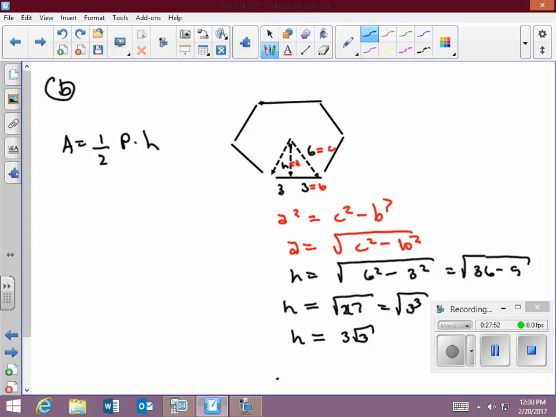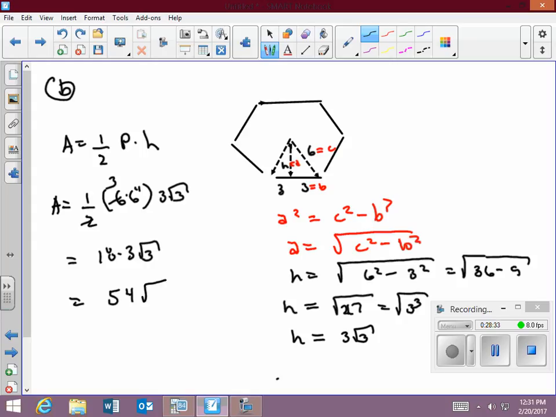And the perimeter is going to be 6 times the 6, right? 1/2. The perimeter is, there's 6 sides, each 6 inches long. And the height is 3 square root of 3. So it's 18 times 3 square root of 3, 54 square root of 3.